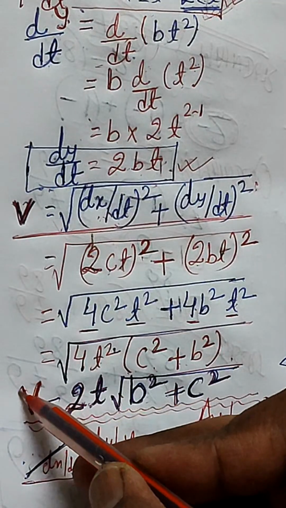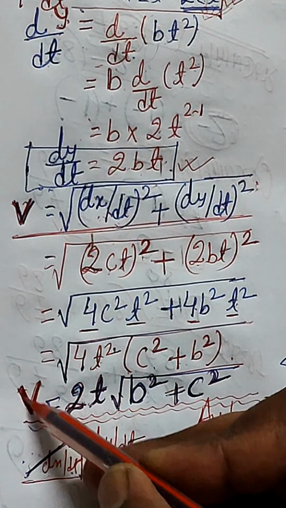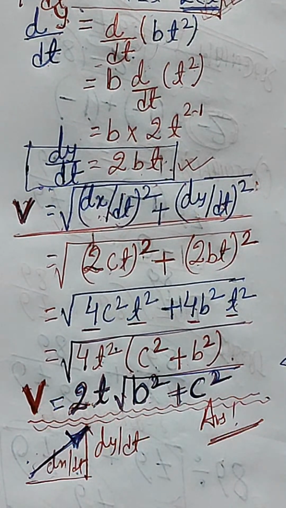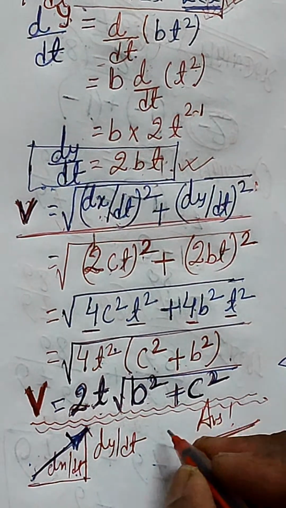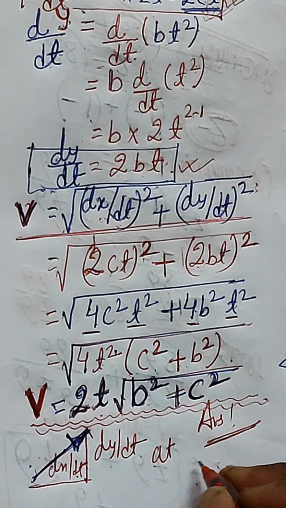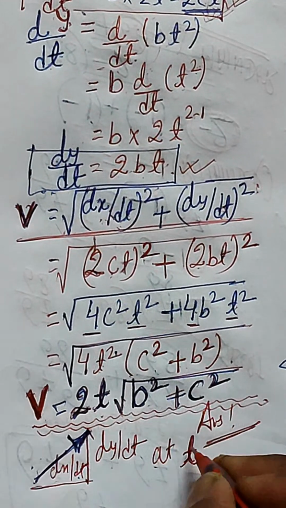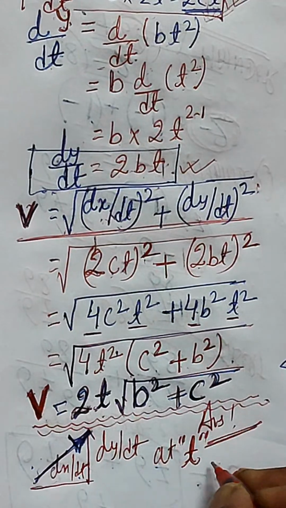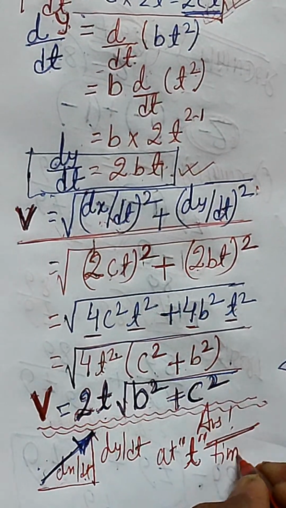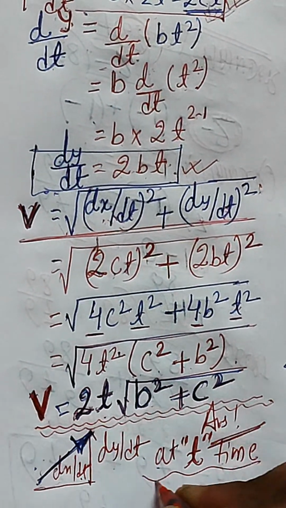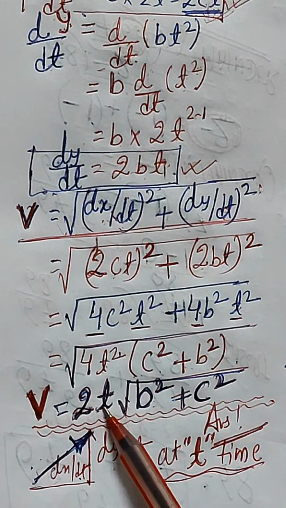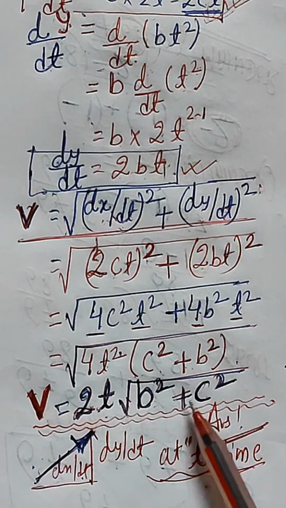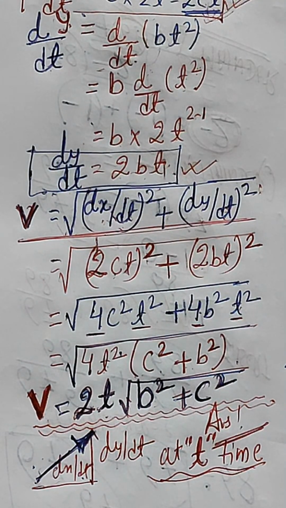So this gives you the velocity or the speed of the body at that particular instant of time, at t time. So at t time we have calculated v as 2t root over b square plus c square, right?